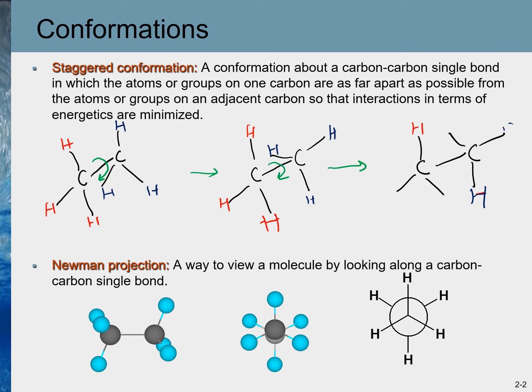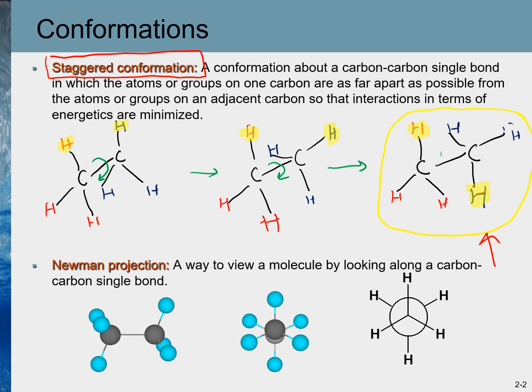Please remember that we are only paying attention to these two hydrogens. As you can see, the blue hydrogen is moving as we are rotating further. So in the geometry shown here, the red hydrogen and the blue hydrogen are exactly opposite to each other. This conformation is known as staggered conformation.